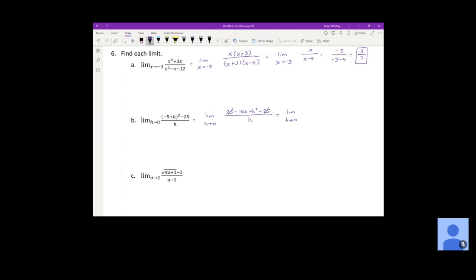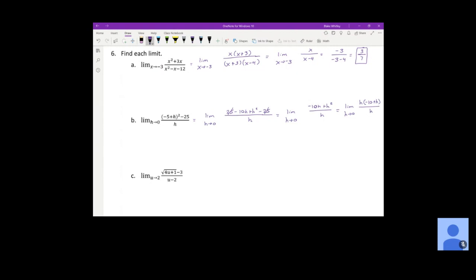So we're left with negative 10h plus h squared. And then what can we do from there? Good. Now we can factor out an h in the numerator. So limit h approaches 0, h times negative 10 plus h all over h.